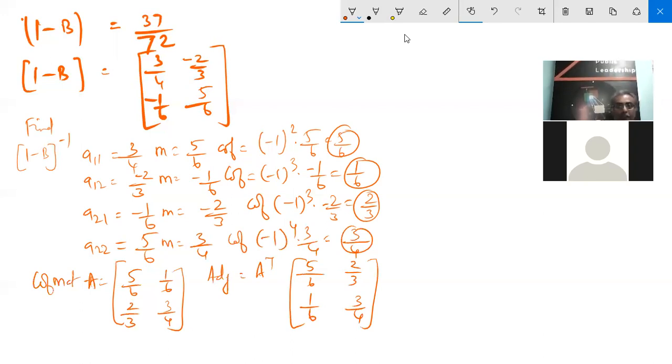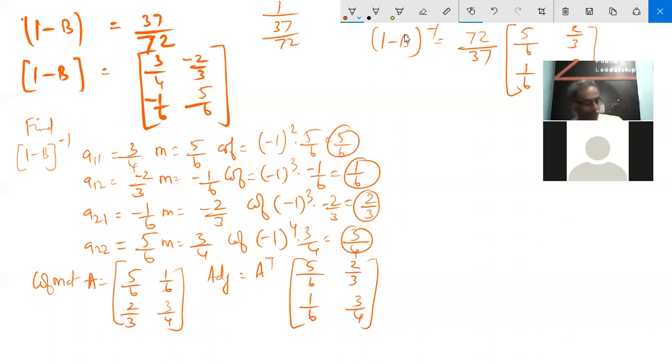Determinant is 37 by 72. So I minus B inverse is equal to 72 by 37, because 1 divided by 37 by 72 will become 72 by 37, into 5 by 6, 2 by 3, 1 by 6, and 3 by 4.